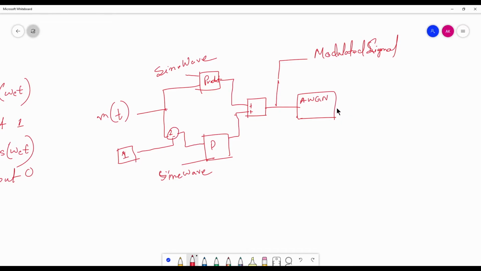To do that, from the signal we need a detector. The detector is like a modulator, so it is a product. We need to multiply this signal with the same carrier, which is also a sine wave.